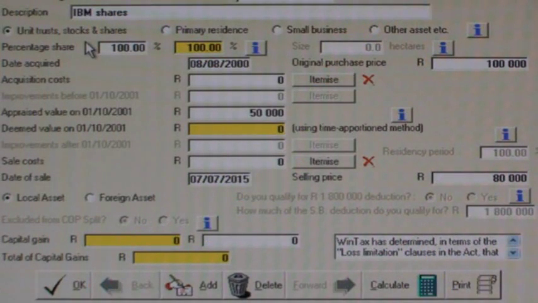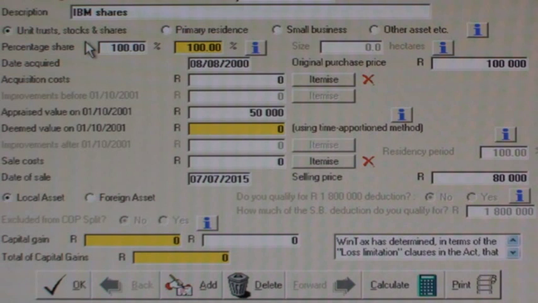Selecting the stocks and shares option, we enter that we bought shares in the year 2000 for 100,000 rand. Along came the events of 9/11 in September 2001, and we were lucky that our shares only lost 50% on 1st of October 2001, and they were valued at 50,000 rand on the valuation date October 2001. Let's say they never completely recovered and we sold them for 80,000 rand in 2015.